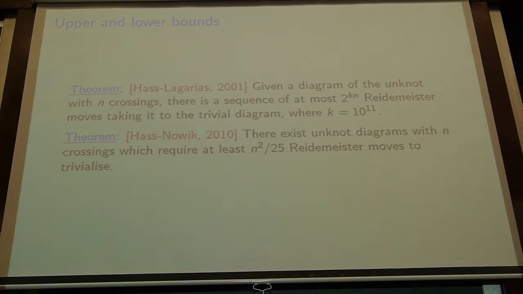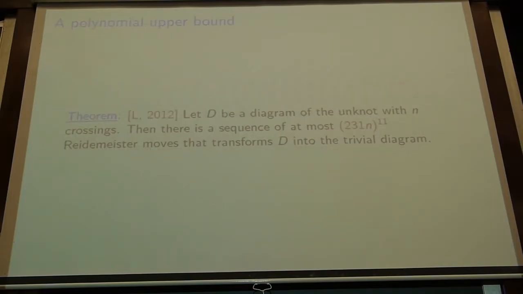And it was for a long time an unsolved problem to decide where the truth lies between exponential and polynomial. In particular, is there a polynomial upper bound? And that's what I'm going to be talking about today, the positive answer to that question.